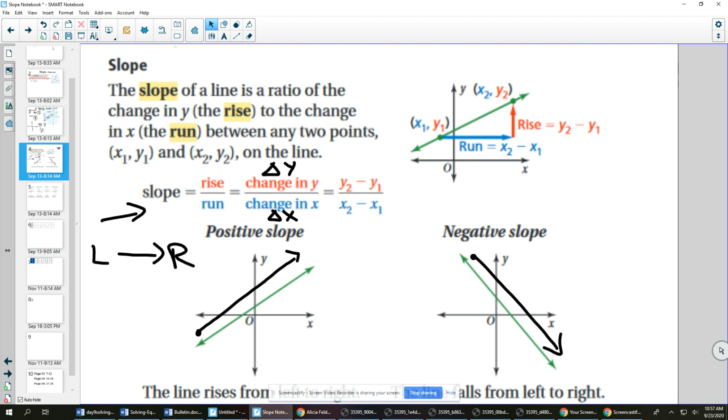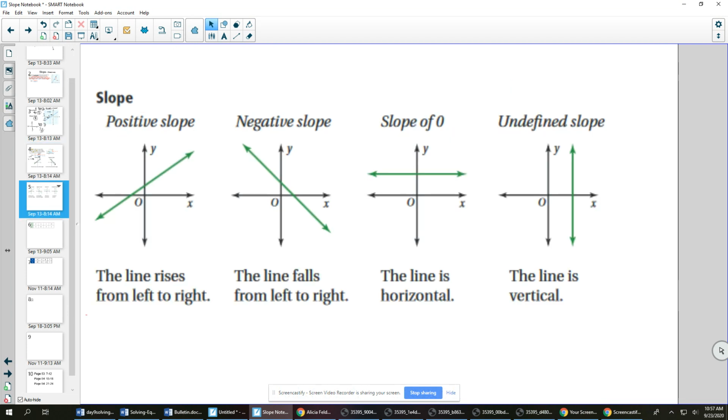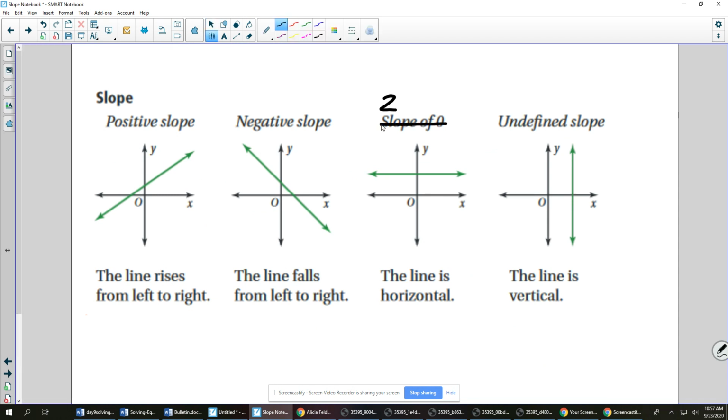Also really important, you're probably going to want to put those in your notes as well. These are all 4 of our slopes. So I like to say instead of a slope of 0, I just like to call this a 0 slope. So there are 4 total different kinds. There's that positive, that negative, and then the 2 that we haven't talked about yet, which would be a 0 slope and an undefined slope.